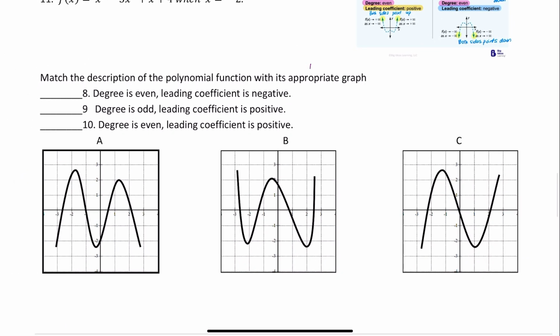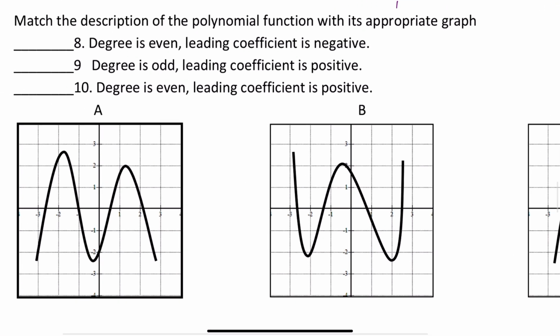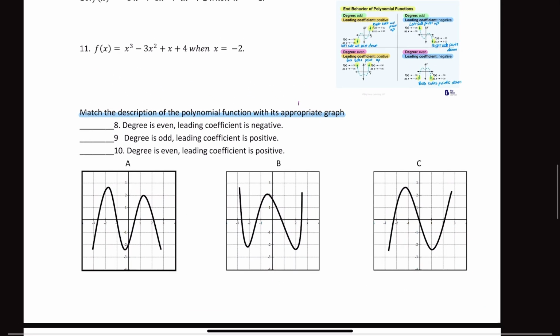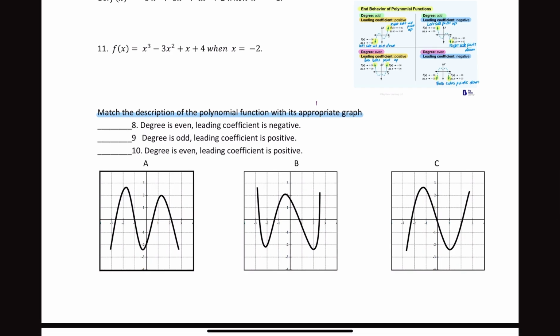Okay, match the description of the polynomial with its appropriate graph. Okay, we have an even degree with leading coefficient being negative. So the leading coefficient is negative, and we have an even degree. So we're in this situation here.